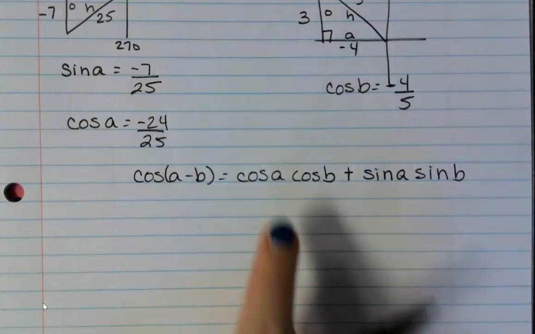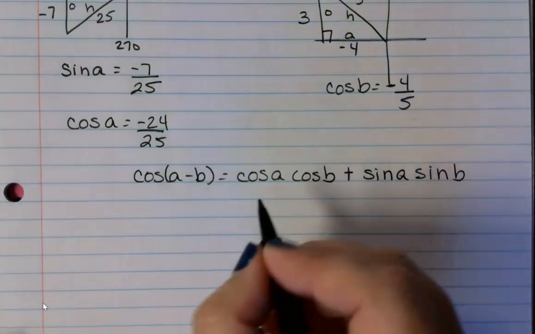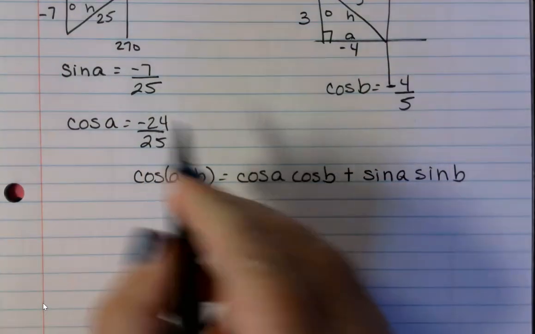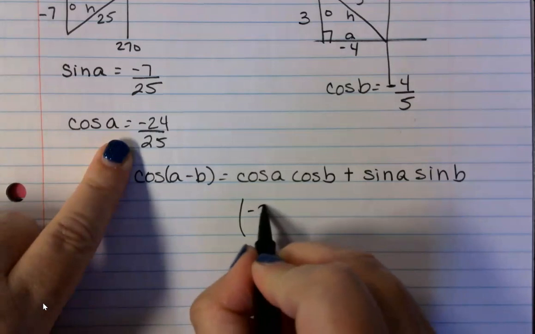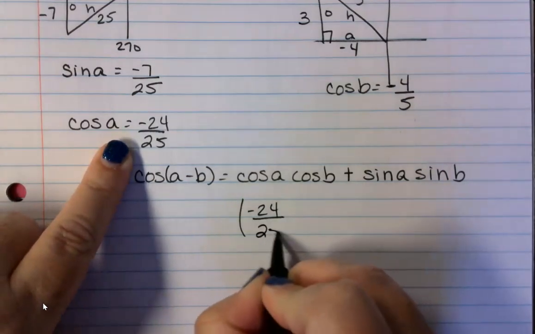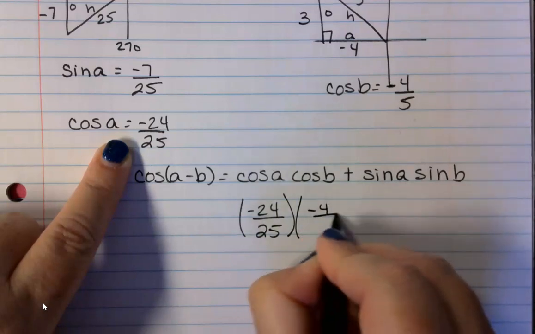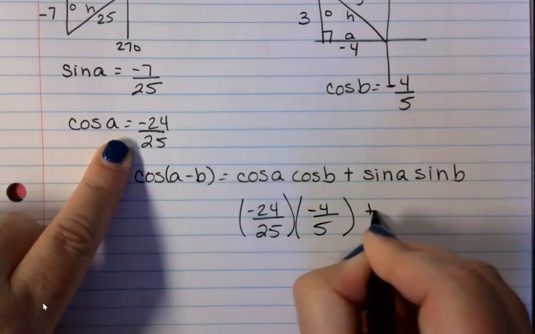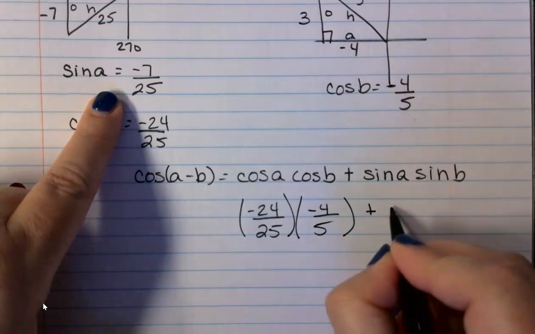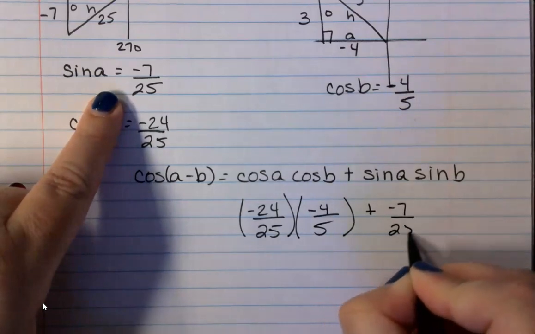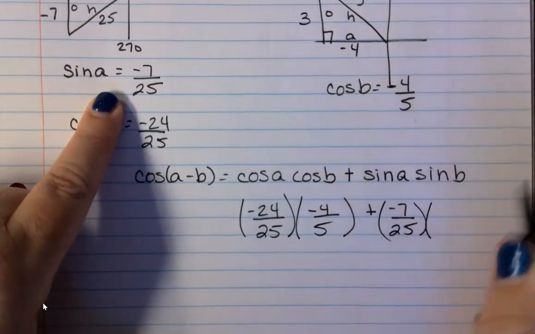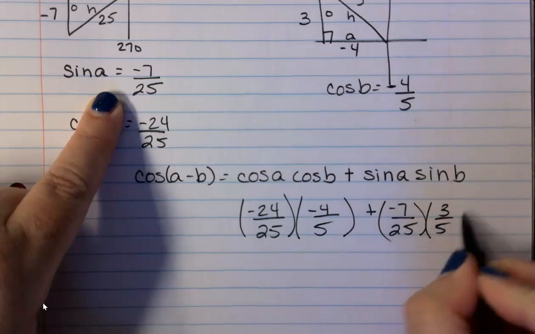And my advice is to write this out, so it's easier to plug and chug. So cosine A is negative 24 over 25. Cosine B is negative 4 over 5. Sine A is negative 7 over 25. And sine B is 3 over 5.